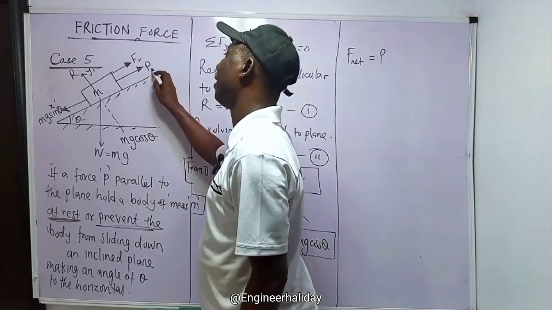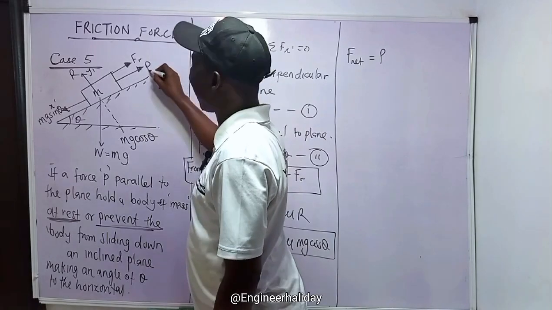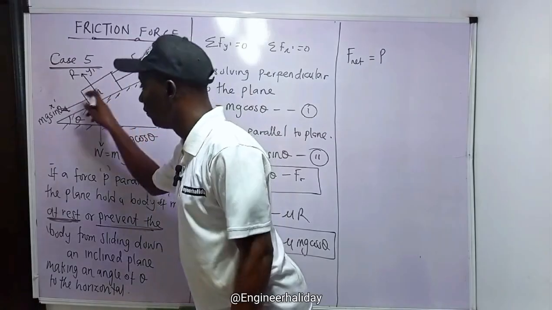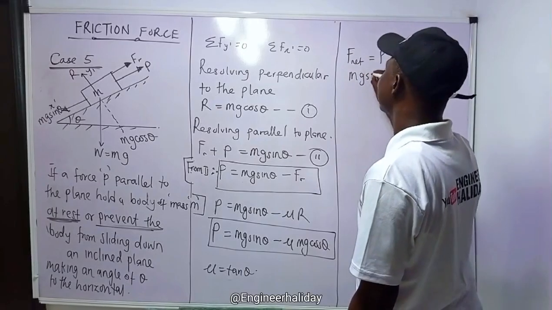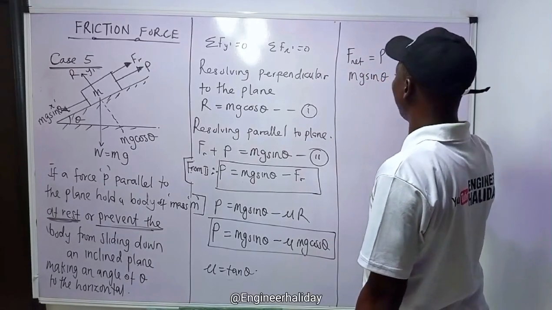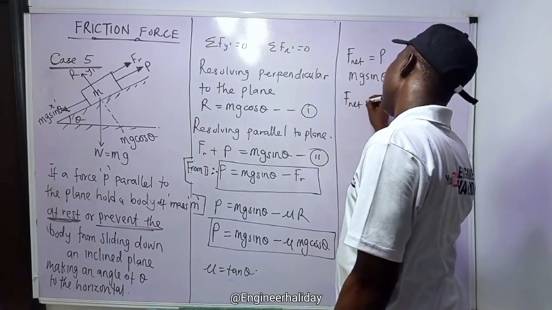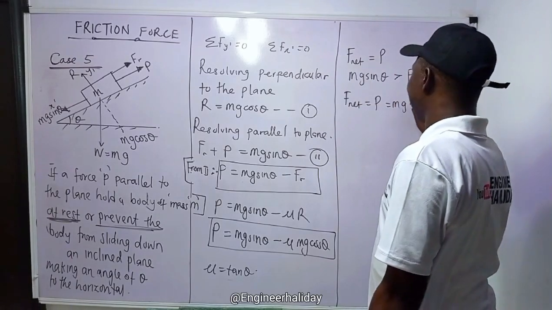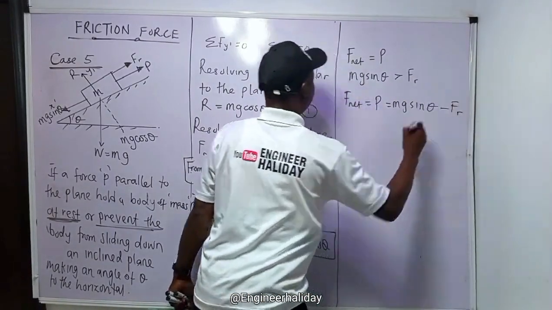But I told you P is the parallel force acting on the body that will cause the body to move down the plane. That means if the body moves down the plane, mg sin theta is greater than Fr. So the net force, assuming the position of P, is equal to mg sin theta minus Fr.